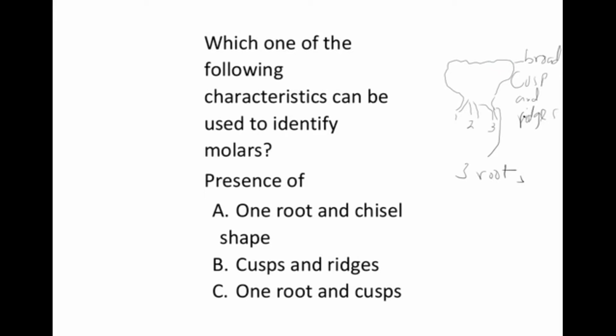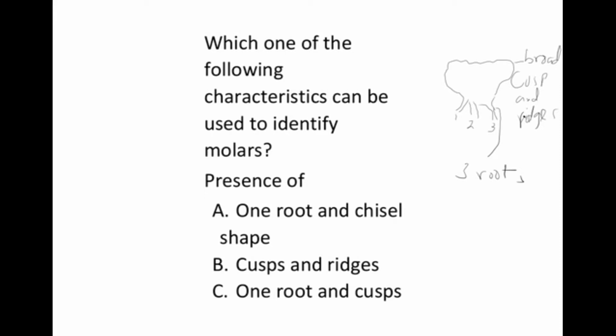Yeah, the ridges, and the cups, these sharp parts. Then when you look at it, it's very broad. In terms of roots, we have said now it has 1 root, 2, 3. It has 3 roots. So let us look to our choices and see which explanation goes with that.